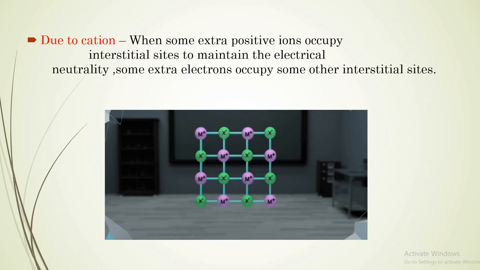This type of defect, metal excess, is caused by an extra cation occupying the interstitial site. To maintain electrical neutrality, an extra electron is also present in some other interstitial site. This defect is found in crystals having Frenkel defects.